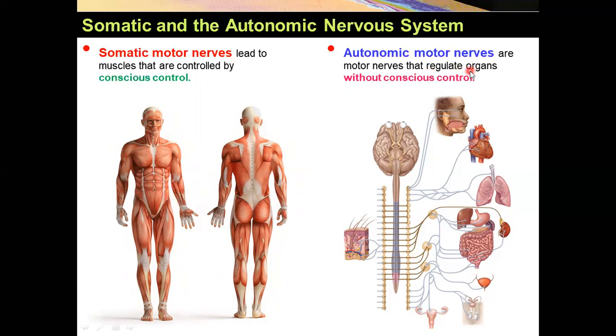By contrast, autonomic motor nerves, or the autonomic nervous system, innervate the organs without conscious control. In other words, the autonomic nervous system innervates the structures that contain smooth muscle, mainly the organs, glands, and vessels.